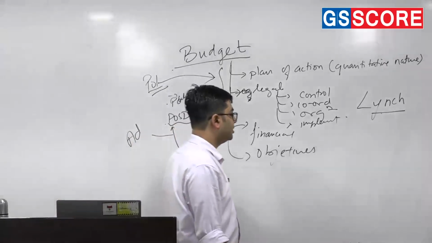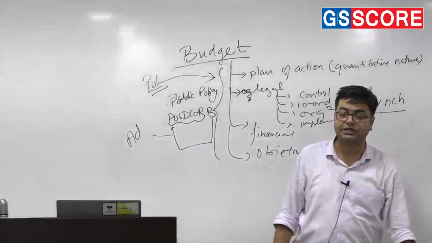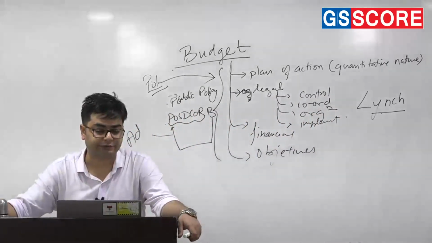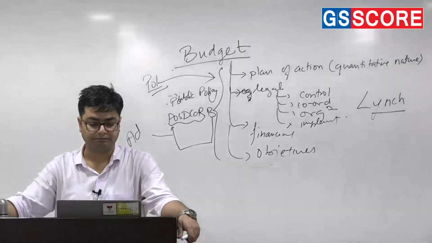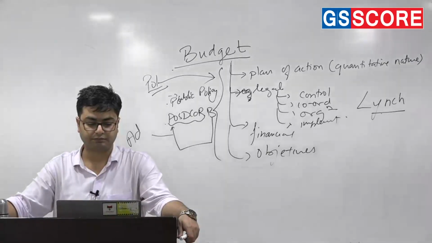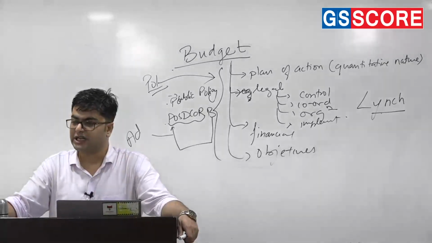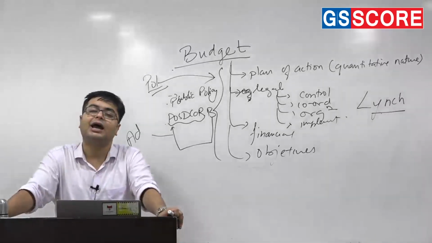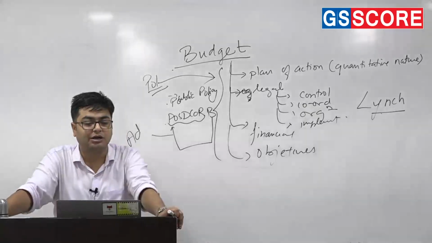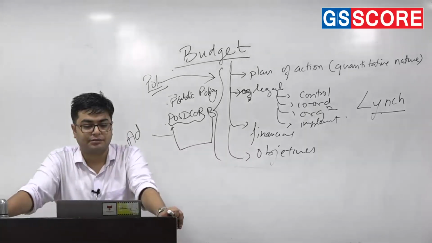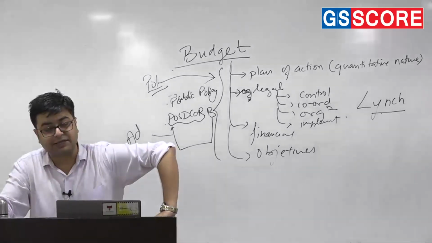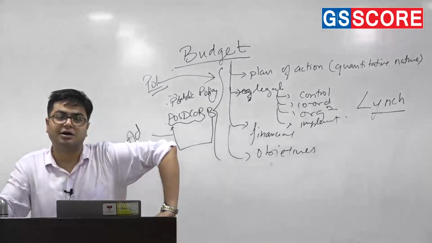Willoughby actually looks at budget with a broader view, beyond just revenue and expenditure. He sees it as a report, as an estimate, as well as a proposal. Okay? A report, an estimate, as well as a proposal.